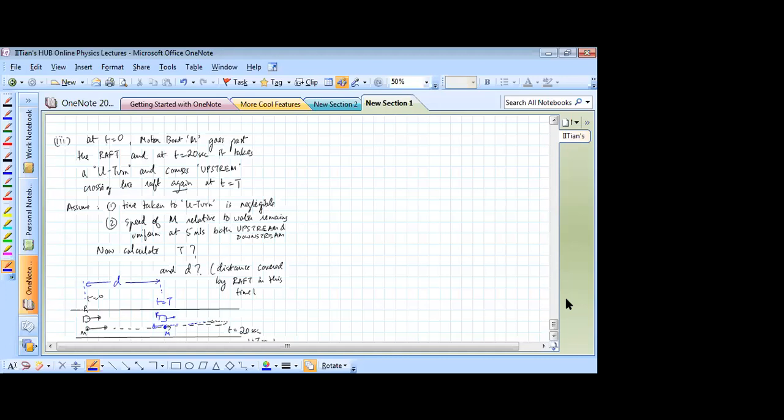Use what you learned in the first and second part of the question. While the boat was going downstream, in ground frame the velocities of the boat and raft were 6 meters per second and 1 meter per second respectively. But relative to the raft, the boat was going at how much? 5 meters per second. So use that kind of data over here to understand what's happening.